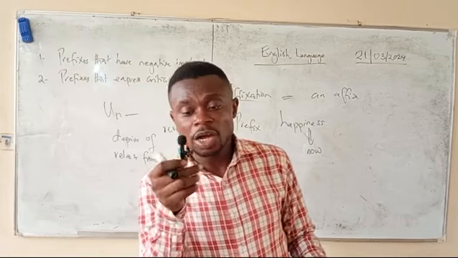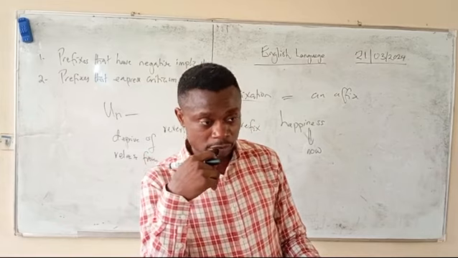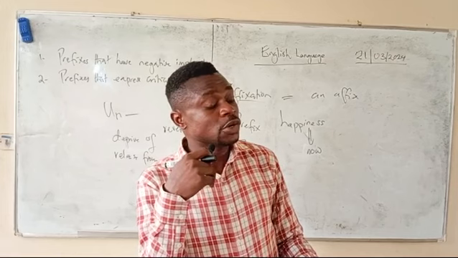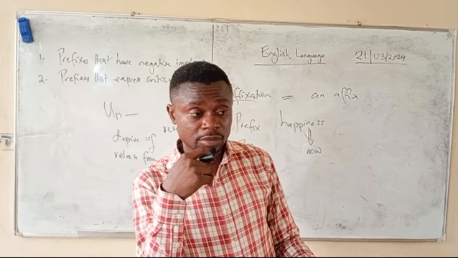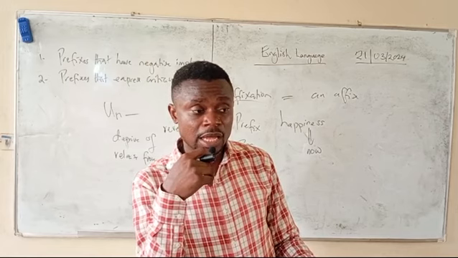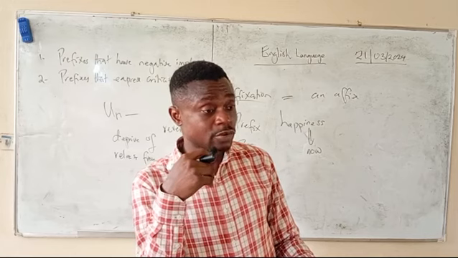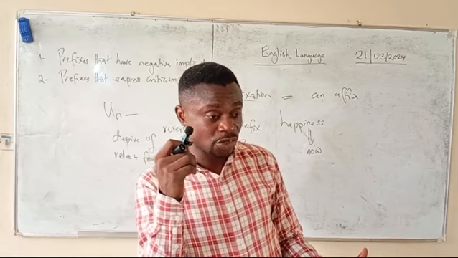Available. Good. Unavailable. Unknown. Here, un is added to what? Known, right? Good. Unhappy. I think I've talked about that one, right?